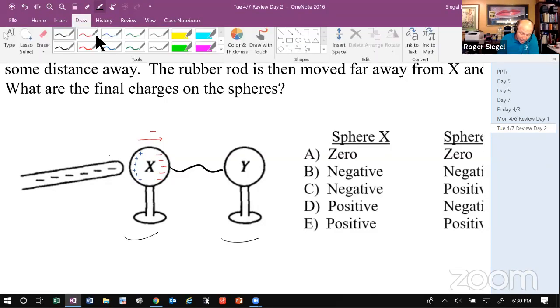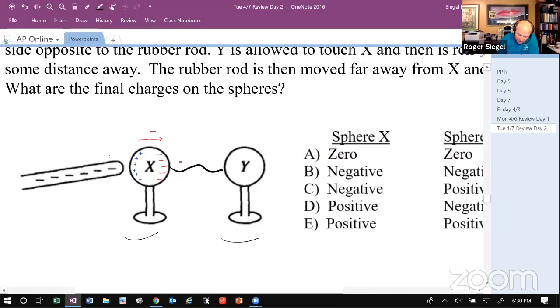They can start to migrate, going even further away, and they're going to move all the way to the right. And so now we've got excess positive charges on X and excess negative charges on Y.